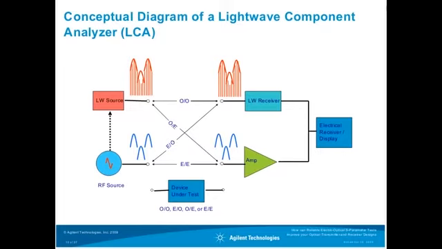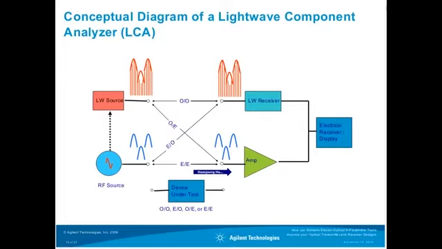In the lower part here, you have basically the diagram of an electrical network analyzer, a microwave network analyzer, for instance, where you have a synthesized RF source which produces a well-known signal in terms of amplitude and phase, and you have a normal reference receiver for microwave signals.